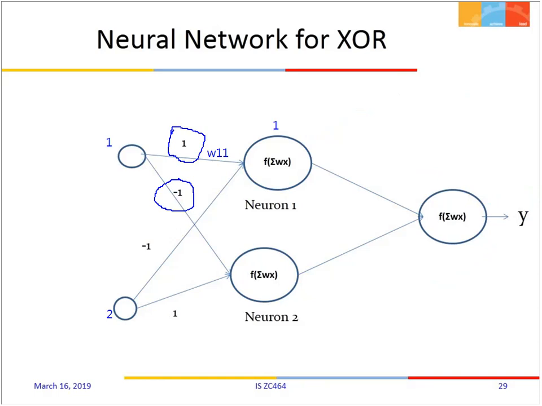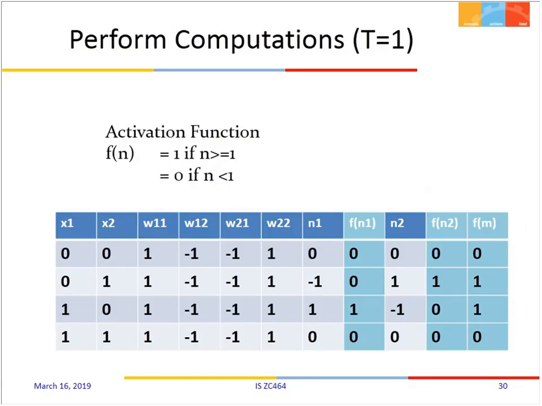Like that, there is a simple terminology. So what do we get? W11, W12, W21, W22. So if you work out f of n1, what will you get?